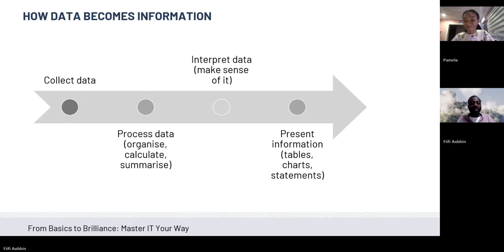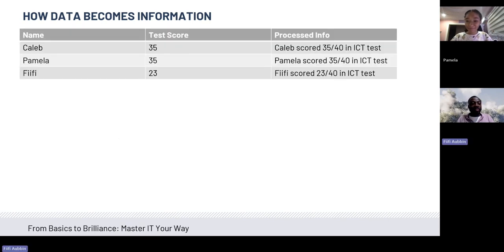Good. Let's look at how data becomes information. So at least we've talked about it. There is a name, Caleb. There is a test score, 35. So what does it mean? Then we processed it. We said Caleb scored 35 out of 40 in ICT test.